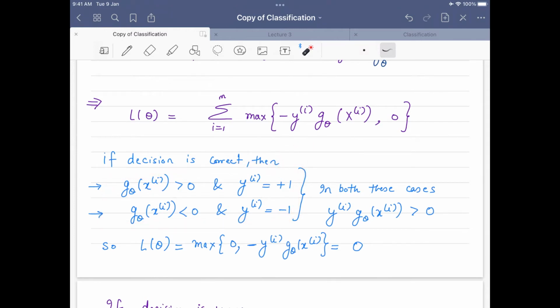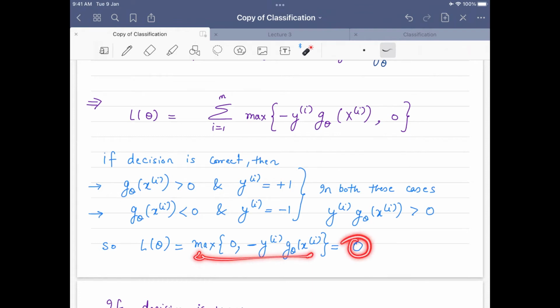If you multiply the two, the result will be greater than 0. Here, this is 1 and this is also 1, so multiplying both gives a value greater than 0. This is less than 0 and this is -1, so multiplying both again gives a value greater than 0. So this is always greater than 0. Now take the loss function L theta, which is the max of 0 and this particular term, the negative of this product. Since the product is greater than 0, the negative value will always be less than 0, so the max will be 0.